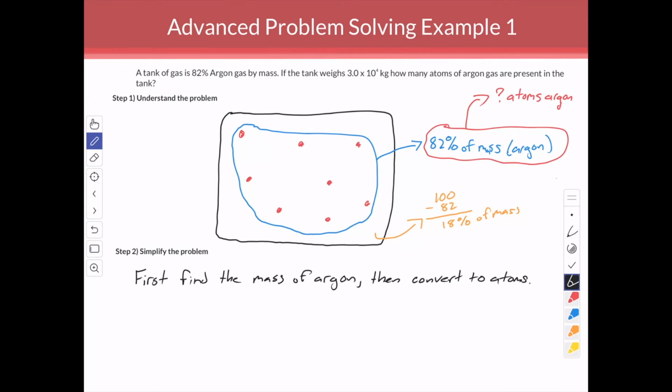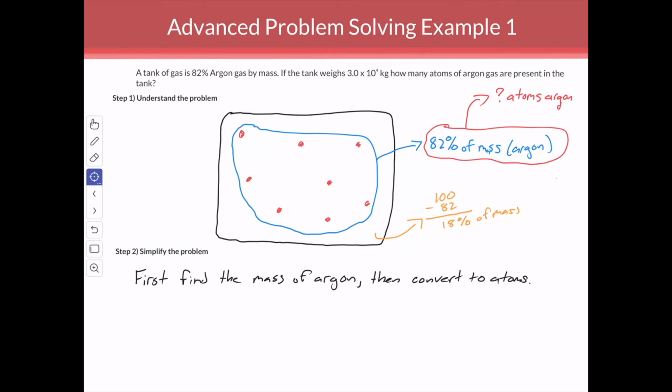Wow, isn't that much more simple? It kind of tells me more straightforwardly what I need to do. First, find the mass of argon, then convert to atoms. And that's why we use these problem-solving strategies, because if I understand the problem a little bit better by looking at it, then I'm able to simplify the wording and give myself a better sense of what I'm supposed to do.